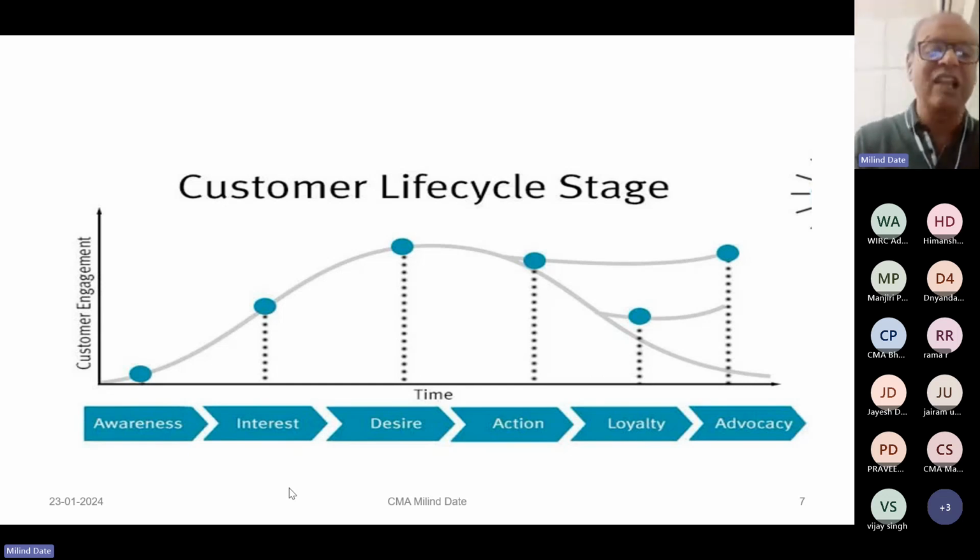There will be costs related to development of interest and purchasing desire in the minds of customers. There will definitely be certain costs of acquiring and onboarding a customer. Then the first sale happens to that customer. And then once the customer starts buying from you on a regular basis, there will be transaction costs. But at the same time, you have to make sure that the customer is retained by you. Customer becomes loyal to you. So there are a lot of retention related costs, customer engagement costs.